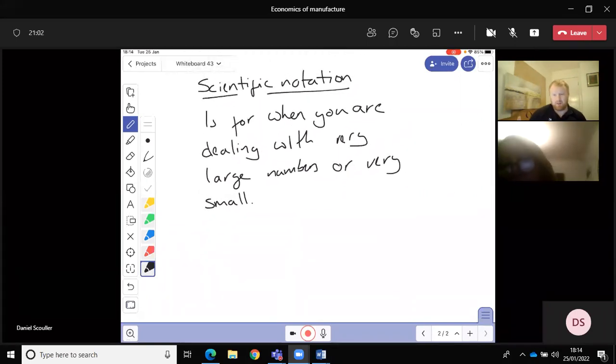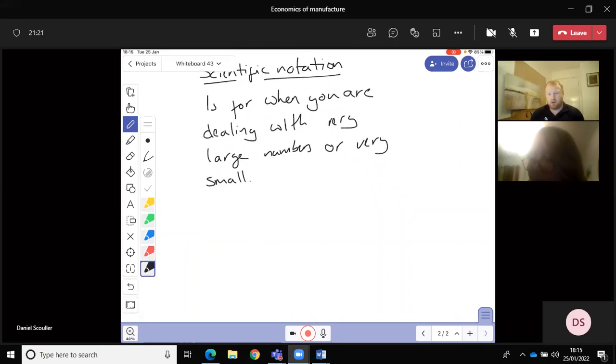Scientific notation is when we use very large numbers, huge numbers with lots and lots of zeros, or how we communicate very small numbers. When we're talking about the size of an atom, sometimes we need to communicate the size of that, so it's very, very small. There's going to be lots of zeros involved. When I'm talking about a large number, it's really anything over the number 10. Anything greater than 10 we can write down as scientific notation. A small number has to be less than 1.